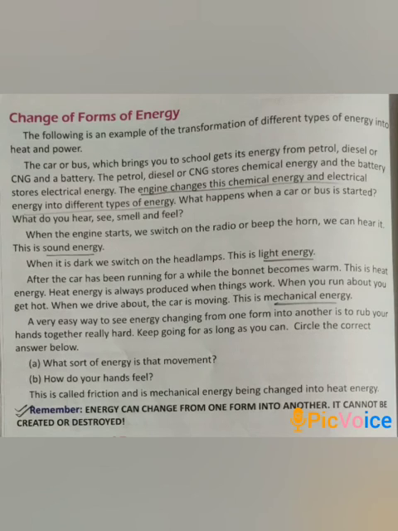Petrol, diesel or CNG stores chemical energy and the battery stores electrical energy. The engine changes this chemical energy and electrical energy into different types of energy, such as when the engine starts, we switch on the radio or beep the horn, we can hear it.